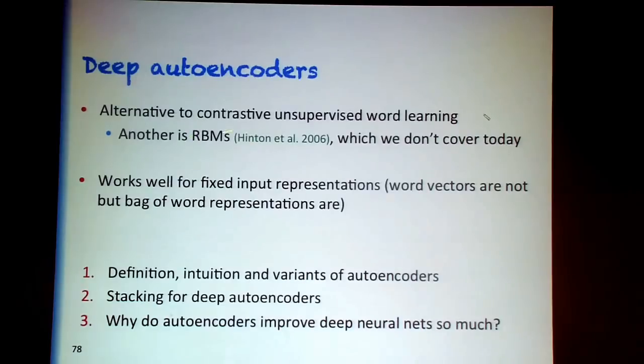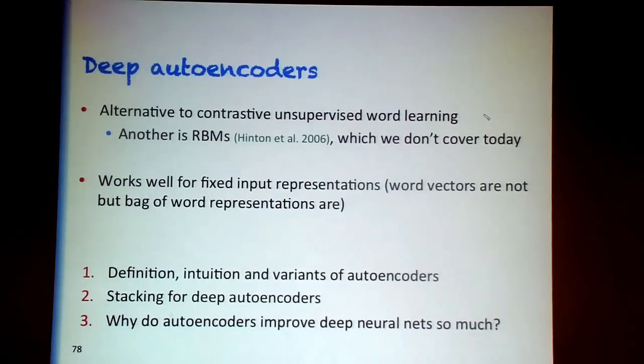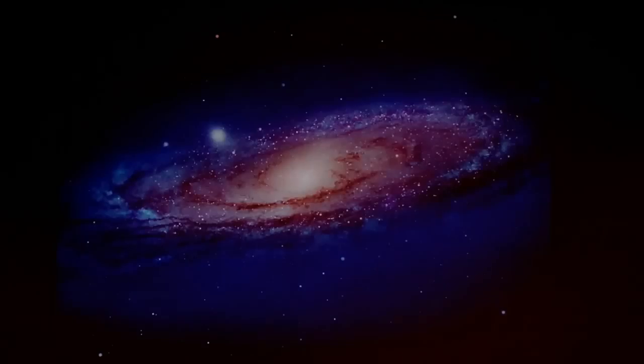We've heard about RBMs, restricted Boltzmann machines, which we're not going to cover in the tutorial, but we're going to talk here about autoencoders, which are actually very close to RBMs, and there are interesting connections between the two, but they're simpler to understand. In particular, they have been used for fixed-size input representations. So let's go through a little bit of this graph.